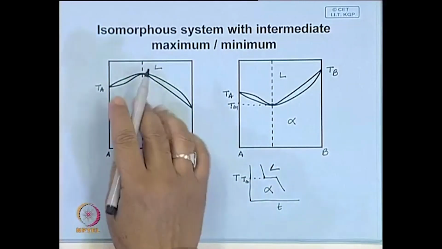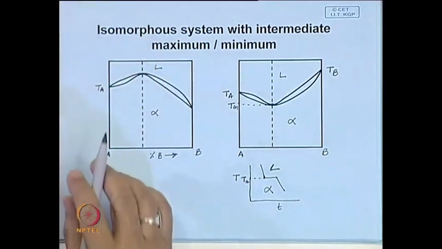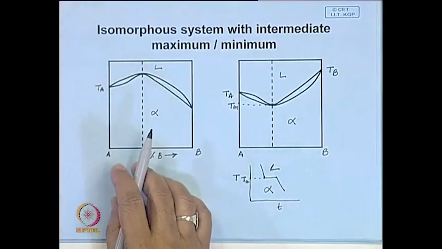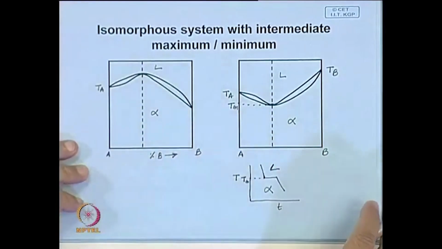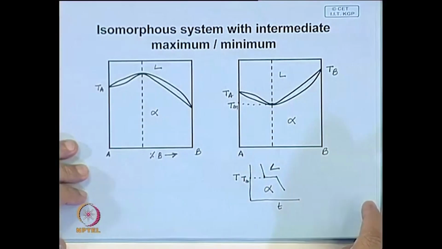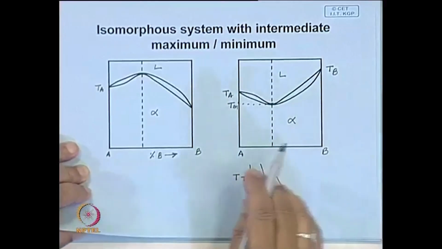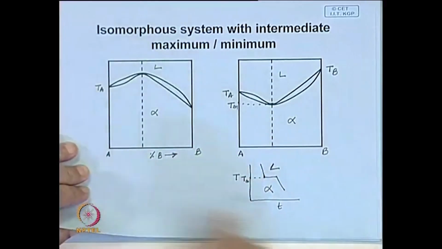This kind of deviation from an ideal isomorphous system is a result of deviations from ideal solid solutions, and later on we will see how we can express these deviations in a more quantitative fashion.